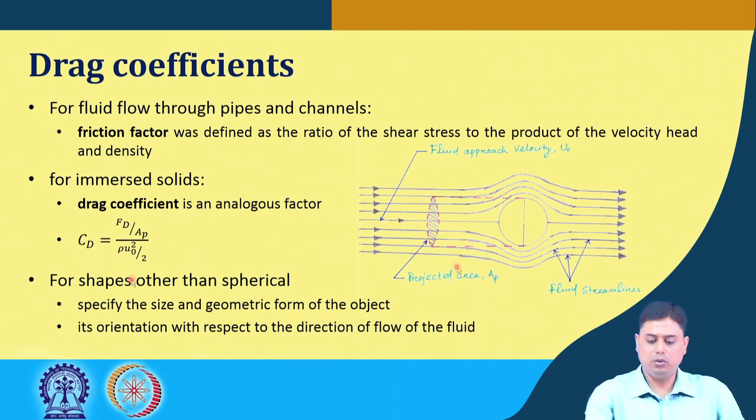So how does it come about? Consider a smooth surface sphere over which a fluid is flowing. The approach velocity of the fluid is considered to be uniform, that is u0, which means the wall from which this flow is coming is sufficiently far away from this spherical particle that the approach velocity can be assumed to be uniform.